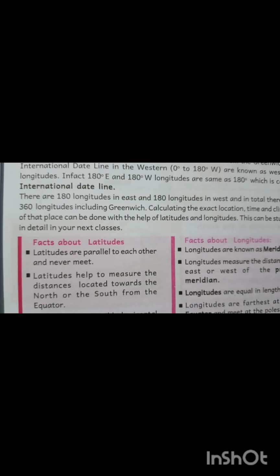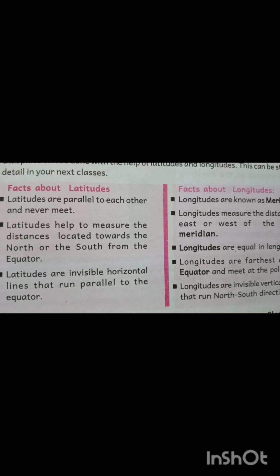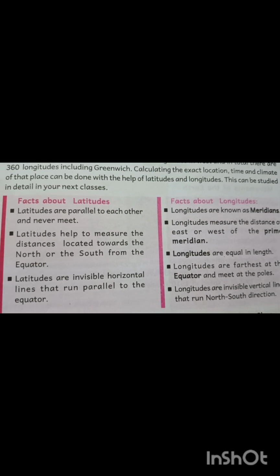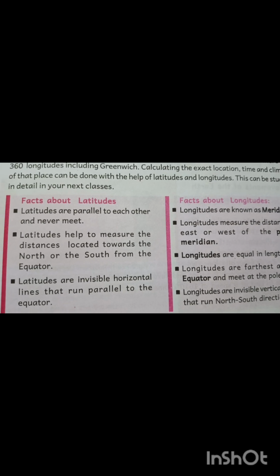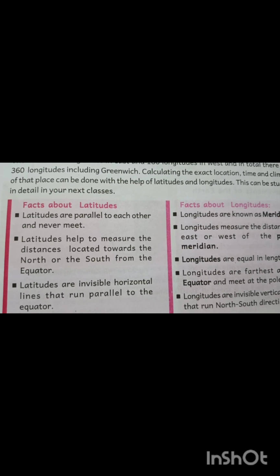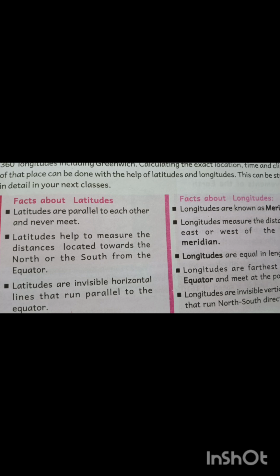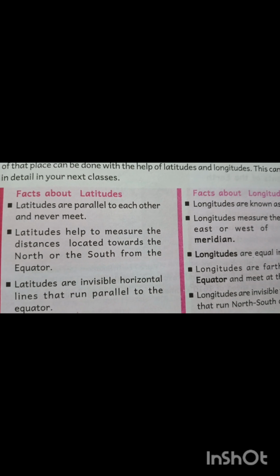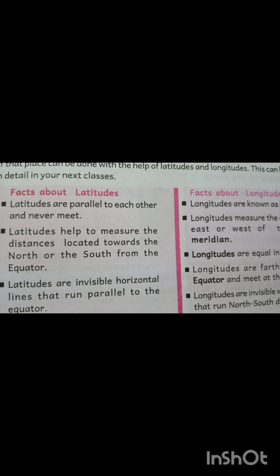The differences between the longitudes and latitudes. If we observe here the facts about the latitude, latitudes are parallel to each other and never meet.